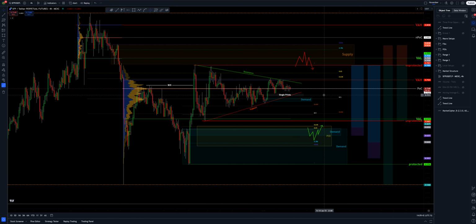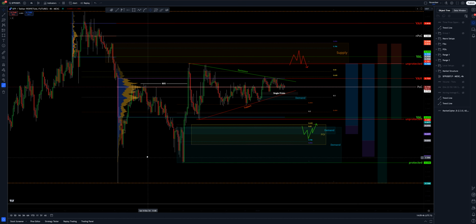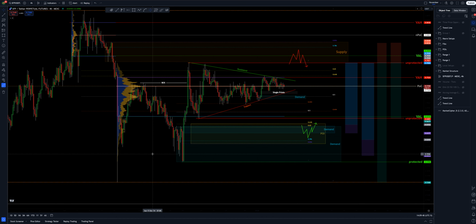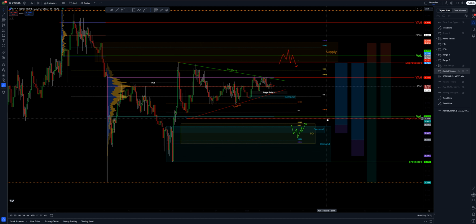I know it looks a little crazy, but I'm going to go over everything and it's going to make a lot more sense. Now let's stick to longs for the time being, and we're just going to look at this larger fractal. So on the larger fractal, we're looking for shorts up here and longs down here, right? We're not looking to trade as much in here, but there are some setups in here that I'm going to get to at the end.